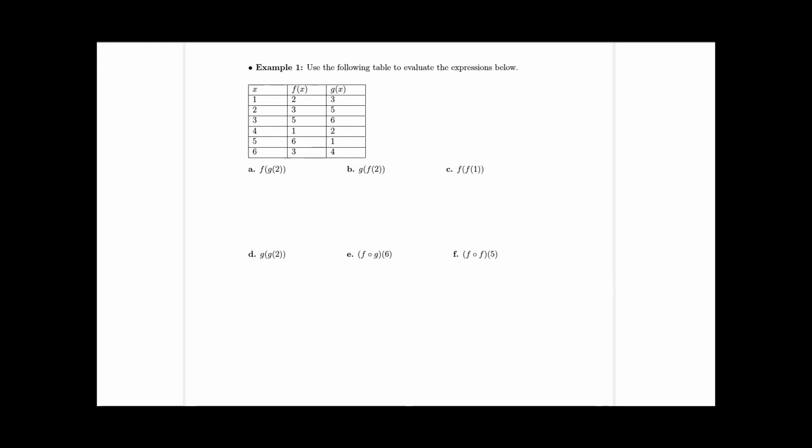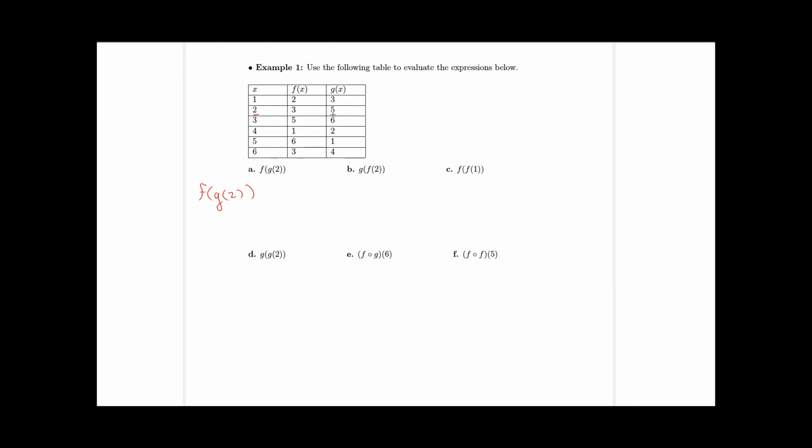All right, and so they start asking us these questions, and it's the same structure that we saw in our video notes. So we're doing f of g of 2. We start on the inside and we say, okay, do I know what g of 2 is? What we're saying is when x is 2, what does the function g do to an x value of 2?